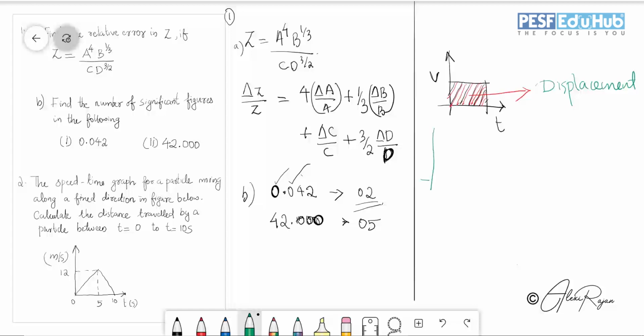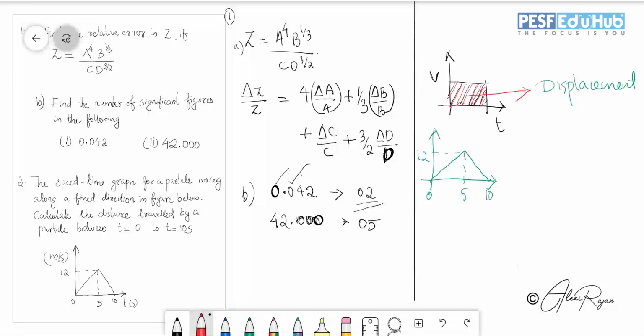So in this question, one velocity time graph is clearly given, and it is like this, right? Okay. This height is 12, and this is 5, and this is 0, this is 10.